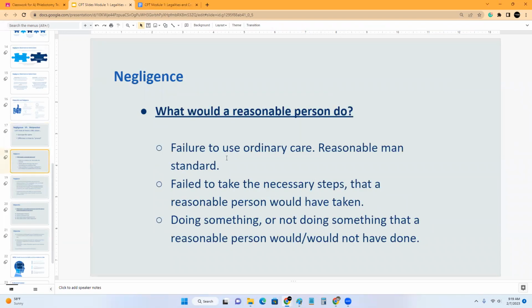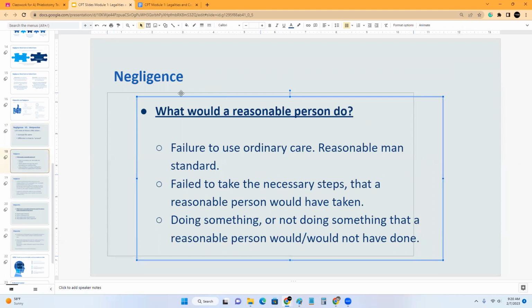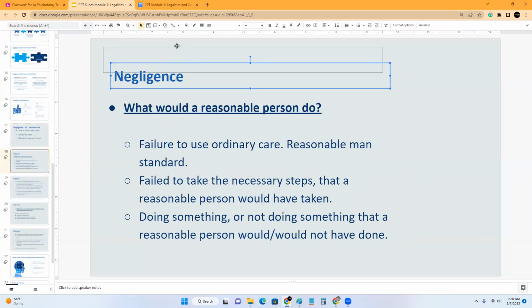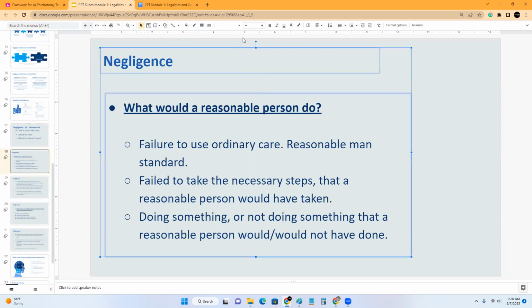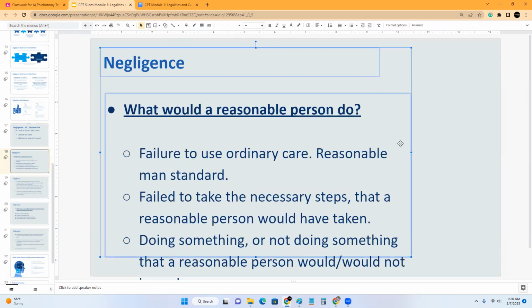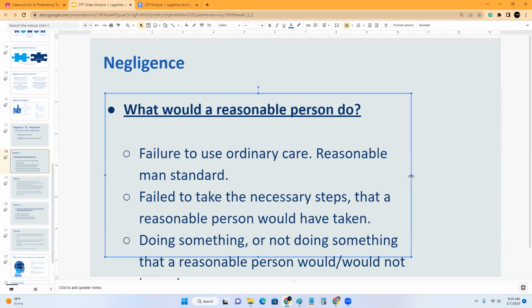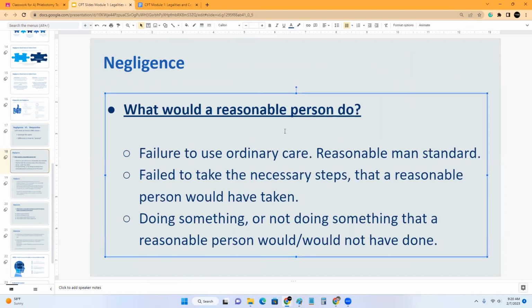Negligence. What would a reasonable, normal person do? Okay. So sounds a little confusing still. What do you mean by a normal, reasonable person? So everyday Joe, okay, can look at the situation as a reasonable person and know that they did not follow ordinary care processes, steps, or do it right.